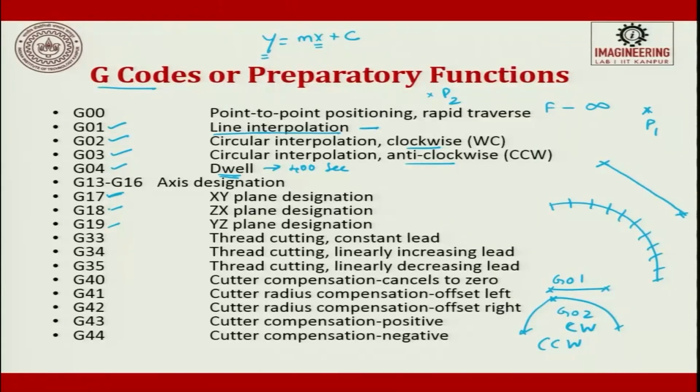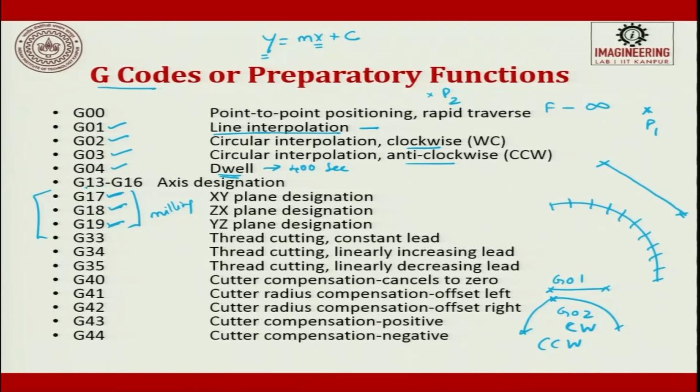So, it is XY, YZ or XZ. You have to first define the plane. That is why we use the commands G17, G18 and G19 for milling operations only. For lathe we do not use G17, G18, G19.